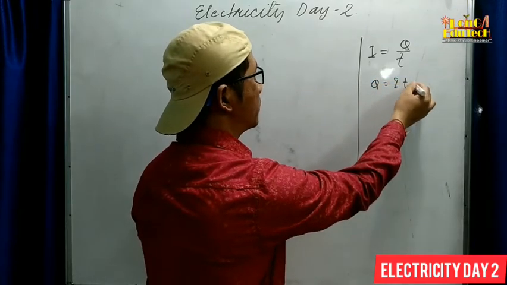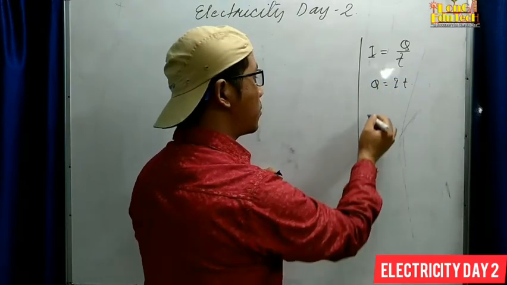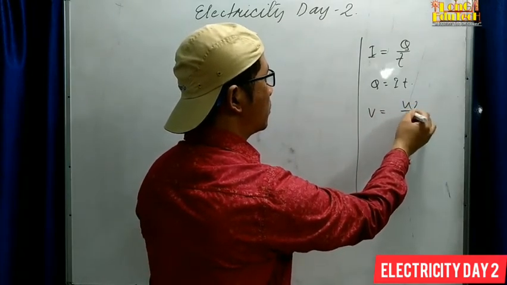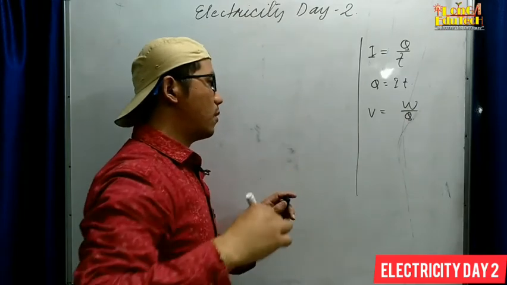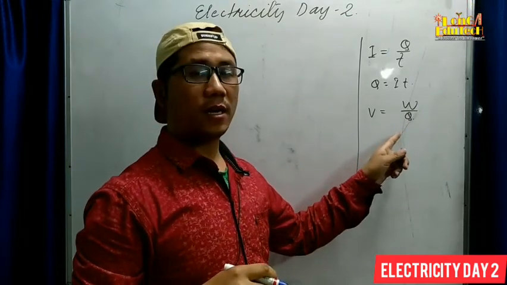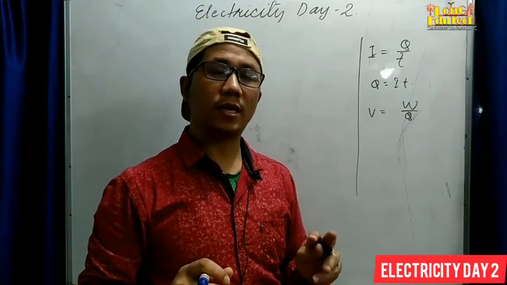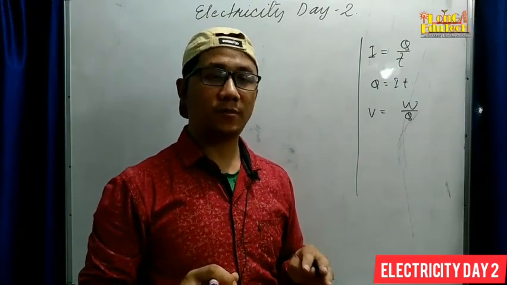That tells us how much charge flows in how many seconds or minutes, so Q is equal to IT. And potential difference is the amount of work done for moving a unit charge in a conductor. This is what we have to know about current.